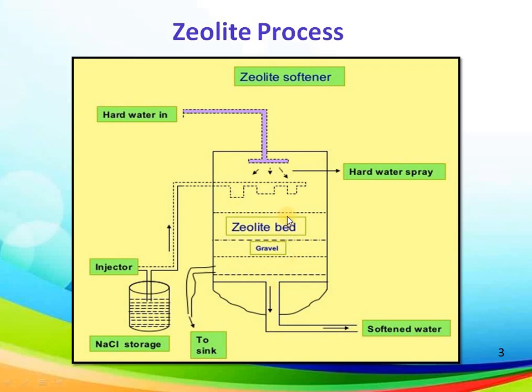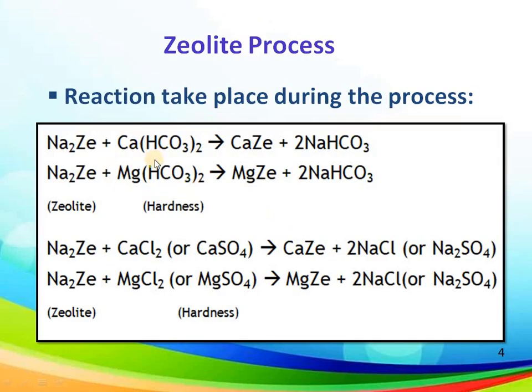A chemical reaction occurs here, where the zeolite reacts with the temporary hardness causing substances as well as the permanent hardness. The calcium and magnesium ions are trapped by the zeolite, so sodium zeolite is converted into calcium zeolite and magnesium zeolite, and sodium salts are also formed.